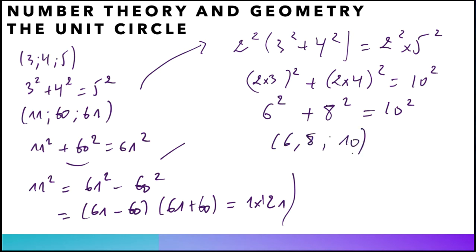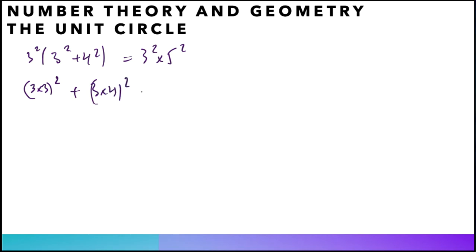We can do the same thing with 3 squared to get 3 squared times 3 squared plus 4 squared equals 3 squared times 5 squared, and we get 3 times 3 all squared plus 3 times 4 all squared equals 15 squared, which gives us 9 squared plus 12 squared is 15 squared, which we can verify easily because 81 plus 144 is 225.